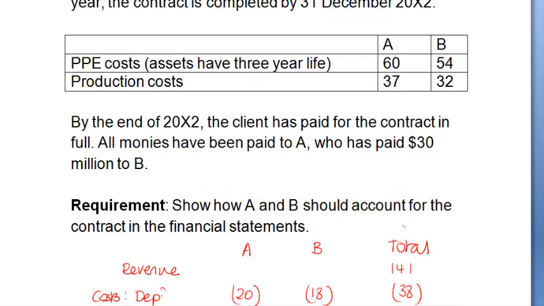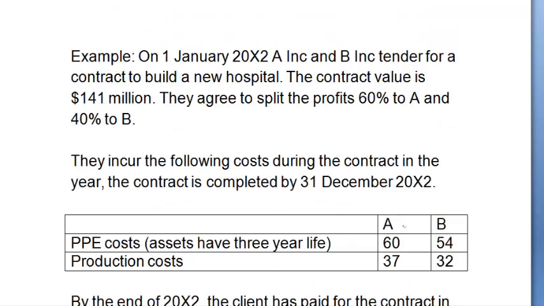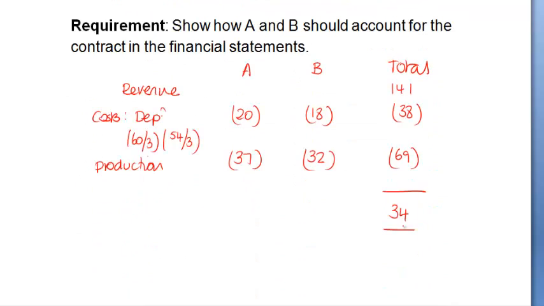We're told in the question that we're going to split profit 60 to A and 40 to B. So 60% works out as 20.4 and 40% works out as 13.6.